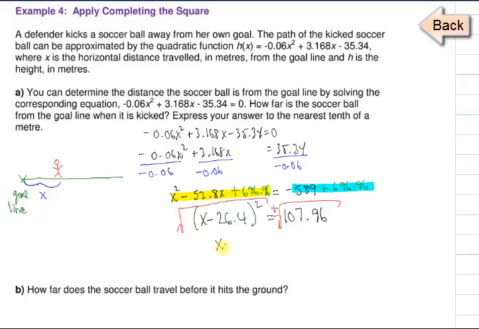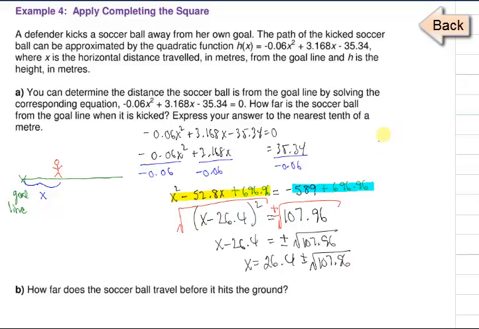And we get x minus 26.4 equals plus and minus the square root of 107.96. Isolate for x. Bring the negative 26.4 to the right. It becomes 26.4. And you have two x-intercepts.